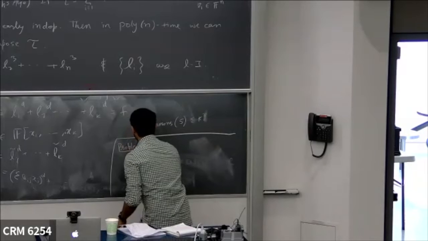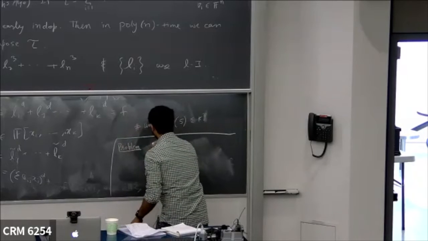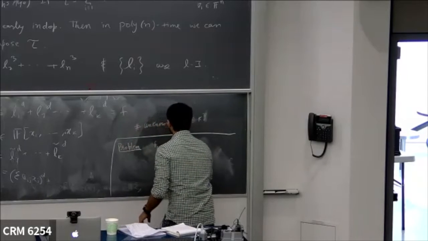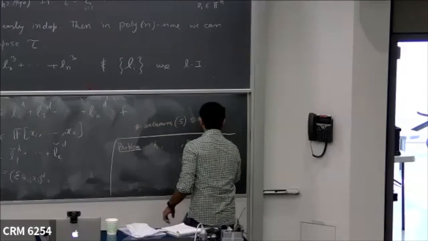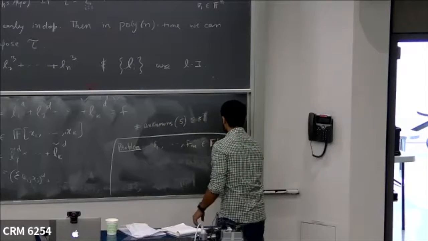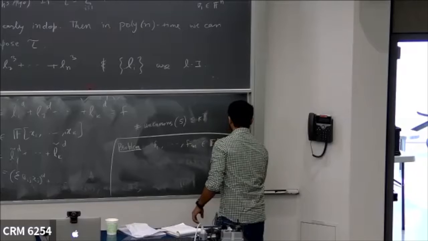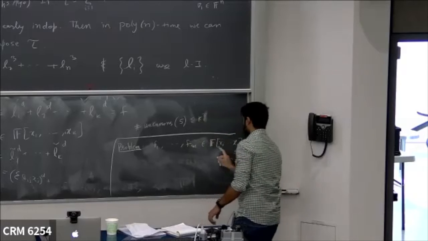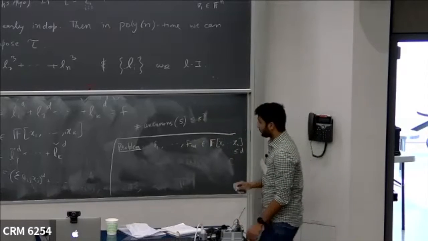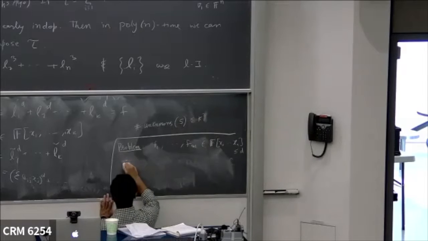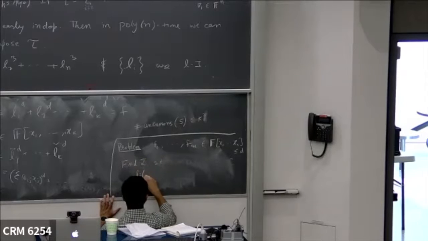Suppose you are given polynomials f1 up to fm in n variables, and the degree of each of them is less than d. You have to find alpha such that fi of alpha equals 0 for all i.